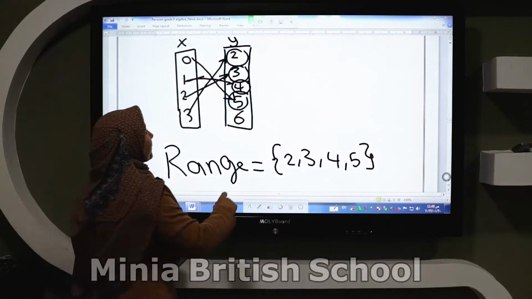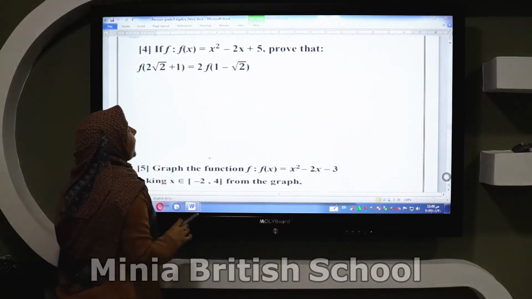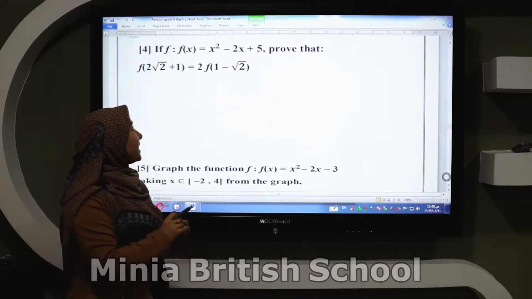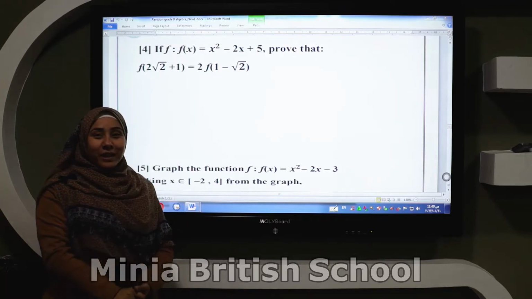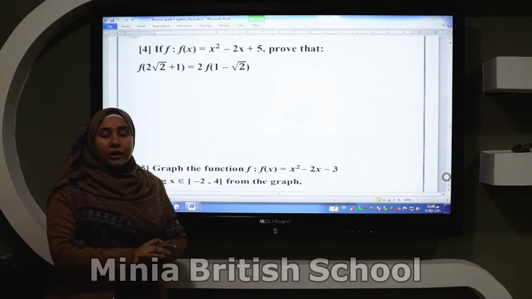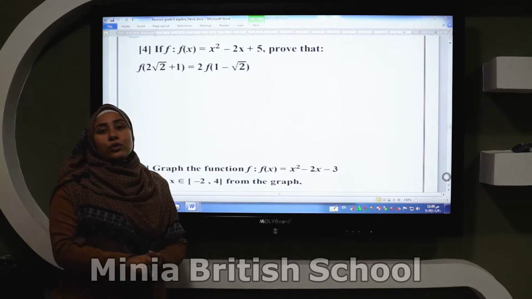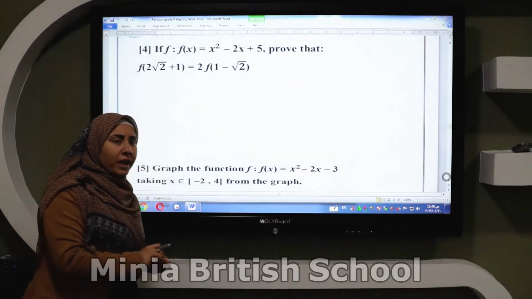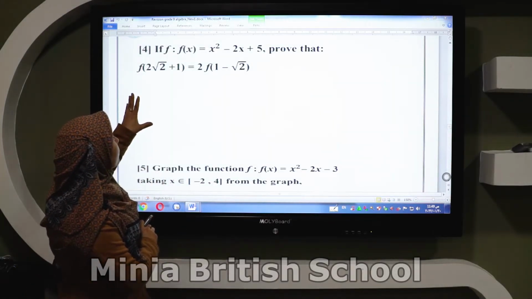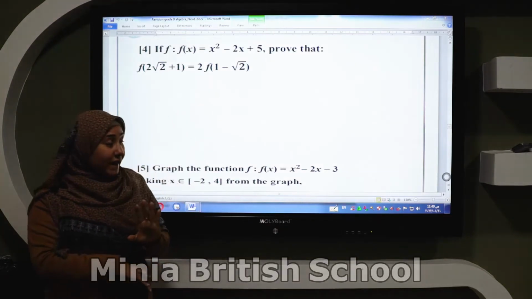Next question, number 4. F, where f(x) equals x power 2 minus 2x plus 5, prove that f(2 root 2 plus 1) equals 2 times f(1 minus root 2). I will substitute the values 2 root 2 plus 1 for x and also 1 minus root 2 for x.